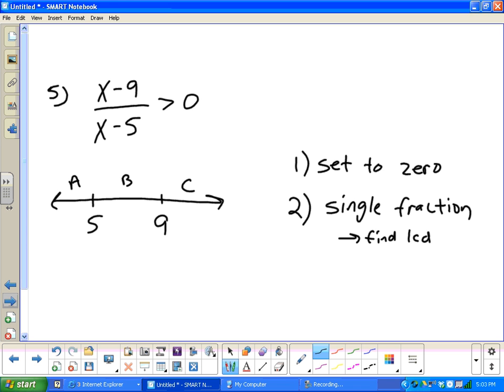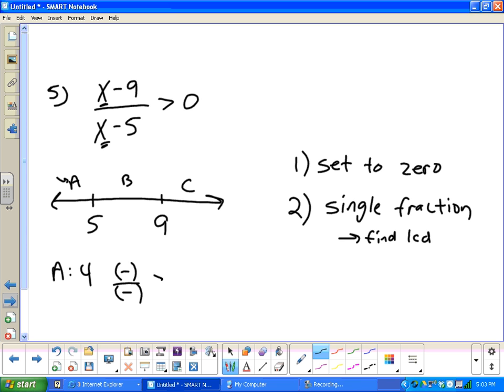And so now what we're going to do is plug numbers that are in those intervals into my inequality up there. So with A, a number that would be in interval A here would be like the number 4. So let's plug in 4, and all we have to do is determine if it would be positive or negative. So if we plugged in 4 here and here, 4 minus 9 would be negative, and then 4 minus 5 would also be negative.